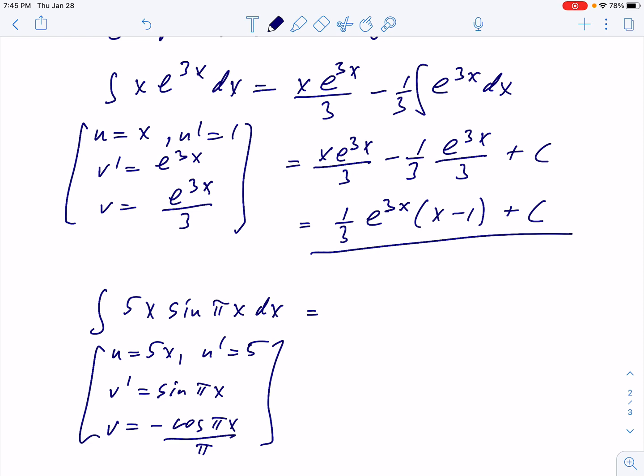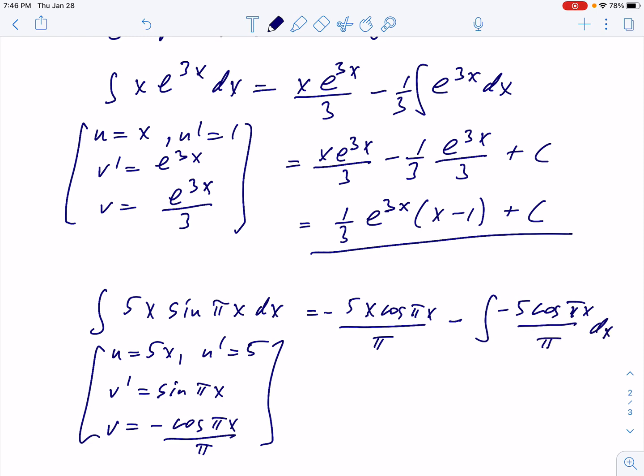My integral will be the product uv, so there will be negative 5x cosine pi x over pi, and minus the integral of u prime v. So this will be, there is a negative sign, let's put it here, 5 cosine pi x over pi dx.